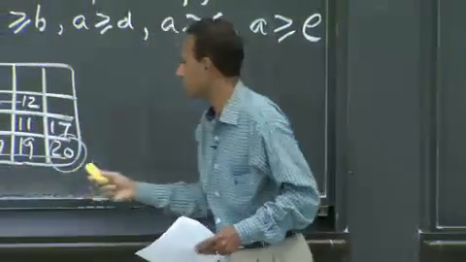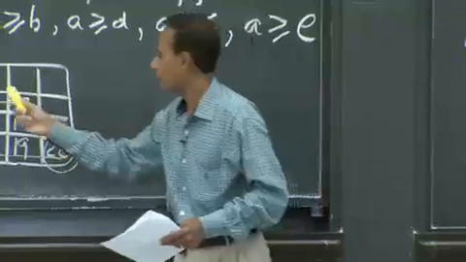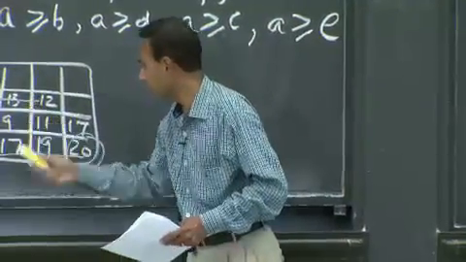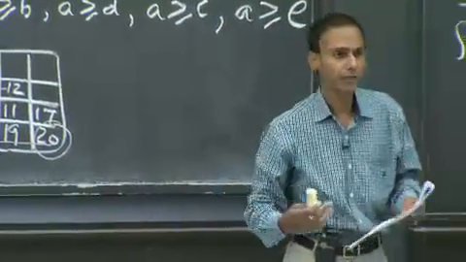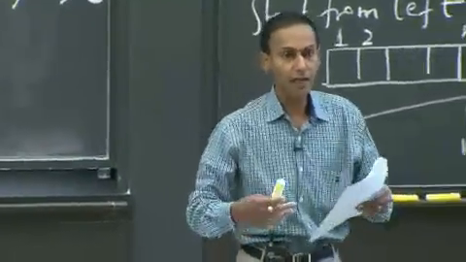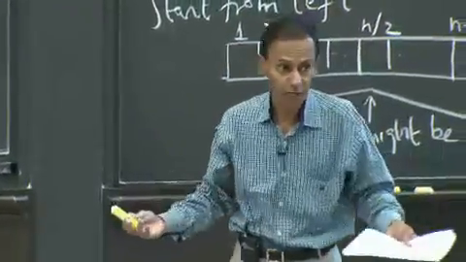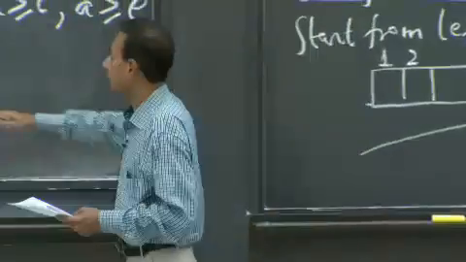Okay? So in this case, we ended up touching a bunch of different elements, and it's quite possible that starting from the midpoint you could end up touching half the elements, and in some cases touching all of the elements.